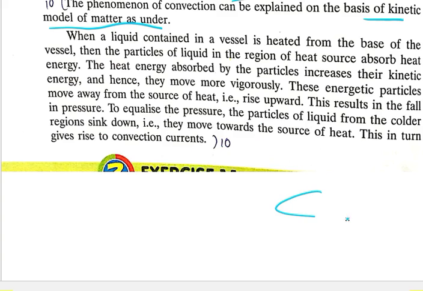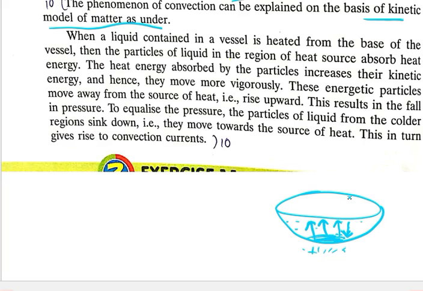That means suppose there is one container, and in this container some liquid is there. Suppose we take water, and suppose one burner is here. When we burn it, the water molecules near this burner will get heated up and move away from the source of heat, that is, move upward. The colder particles on the upper side will come down to the heated region near the source of heat.